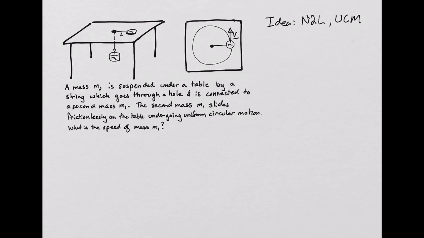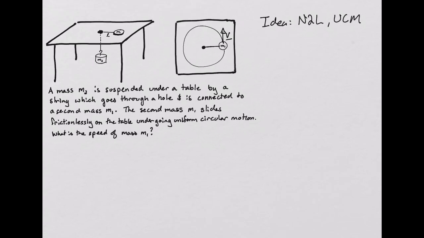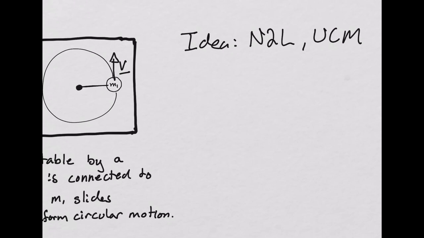As with any Newton's second law problem, we need to start out by drawing a free body diagram. We have two masses in this problem, M1 and M2, so we need to draw a free body diagram for both. We will start with mass 1. There are three forces that I can recognize on mass 1.